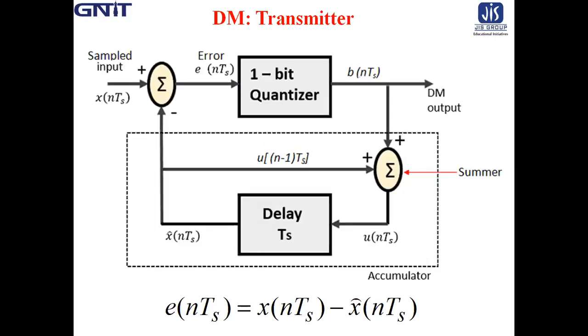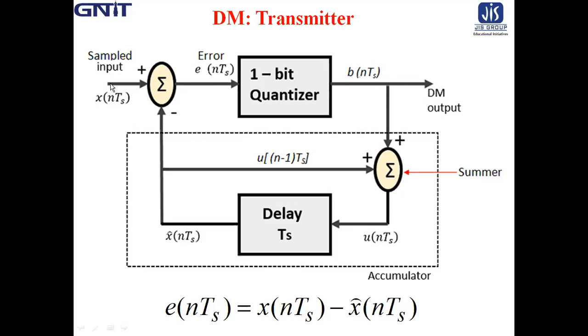So if the present sample value is higher than the previous sample value, then from the DM output it transmits binary 1, and here it adds an amount plus delta, that is the step size is increased from the previous sample value. That is the logic of delta modulation.